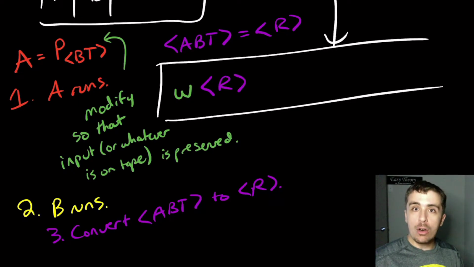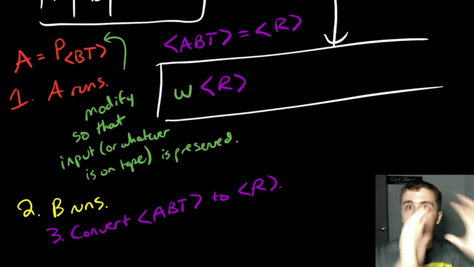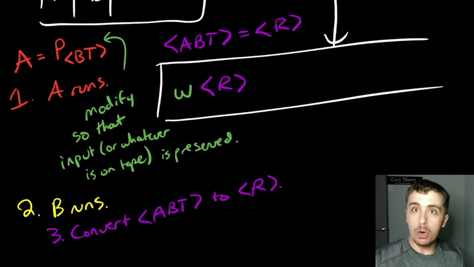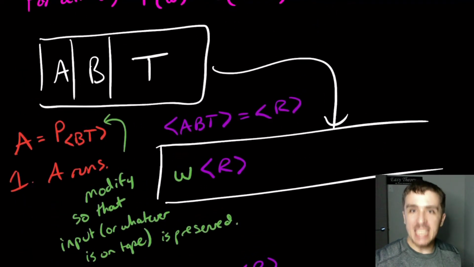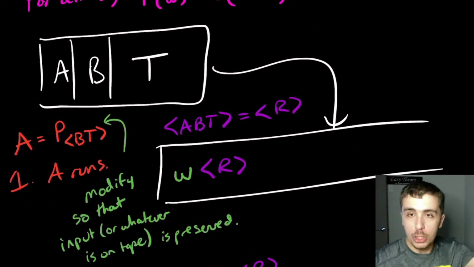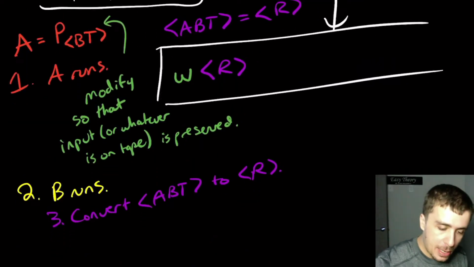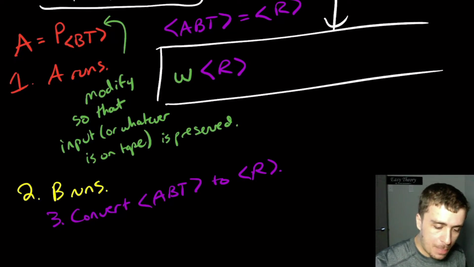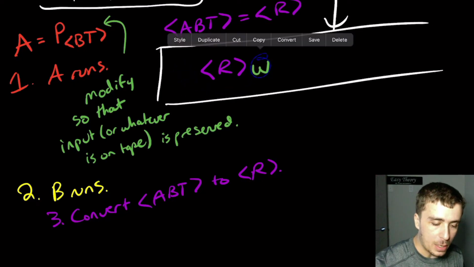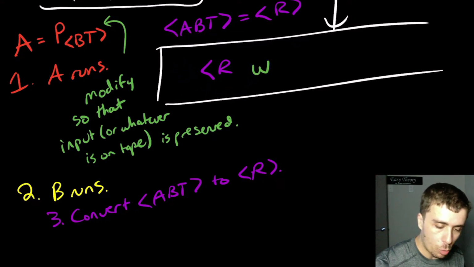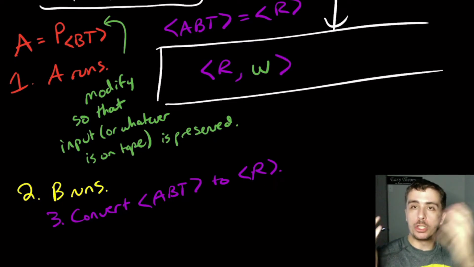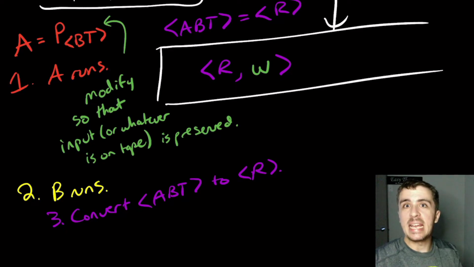Well, then now what's going to happen is we're going to combine all of these things together into an appropriate format in order for T to take over to be able to do its thing. So now this W is going to be moved over here and merged with R. So then now we have a proper Turing machine with an input.